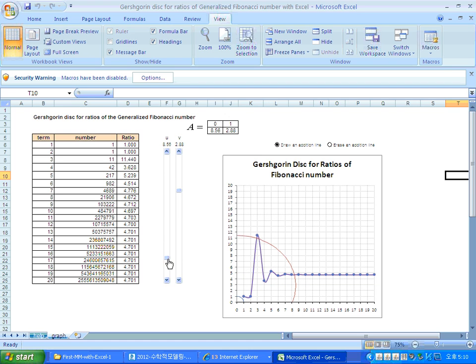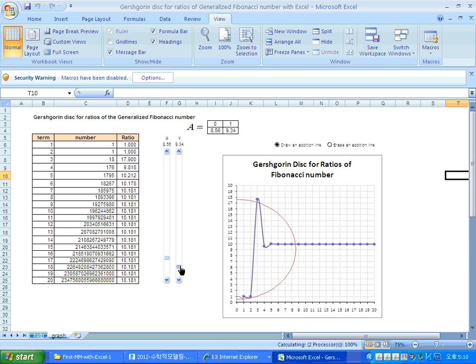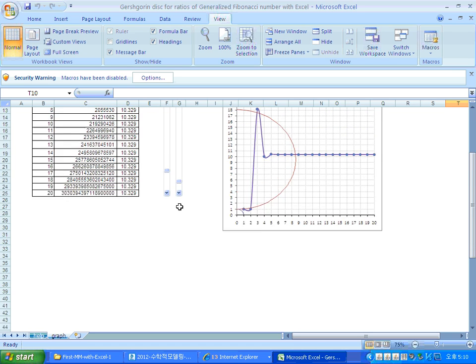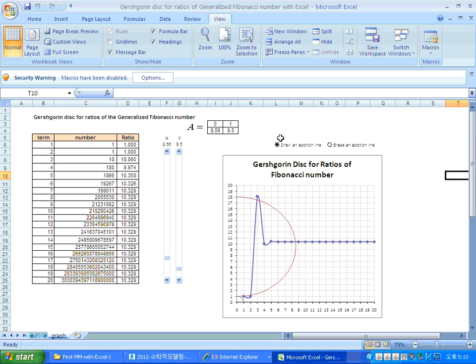Do you see? When U gets bigger, this radius gets larger, and when V changes, then the center is moved. Okay, but the eigenvalues change, and that's the number the sequence converges to. This is what this simulation shows.